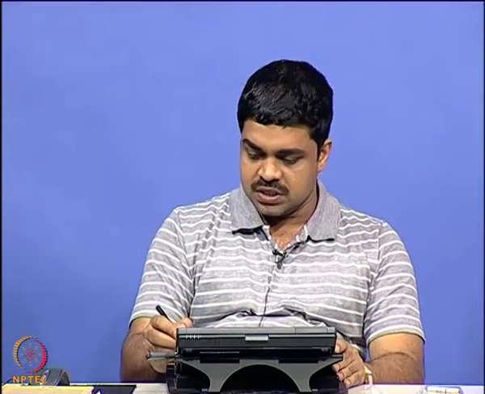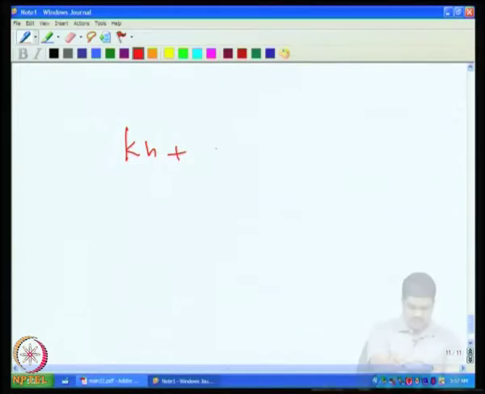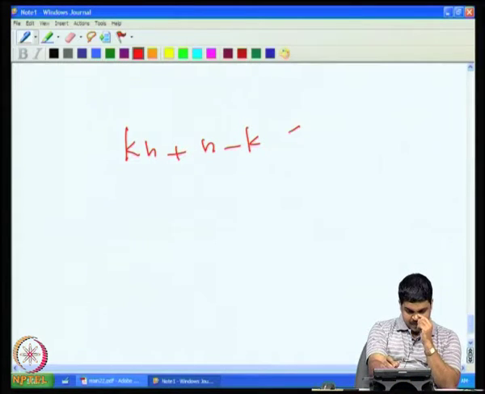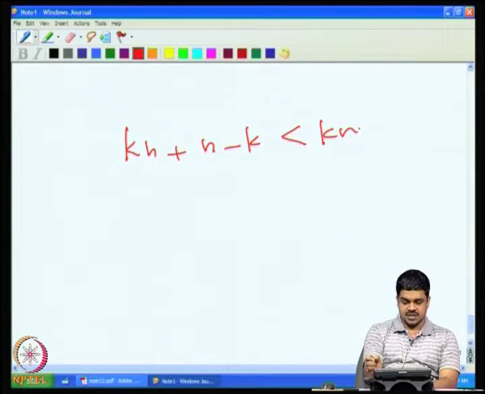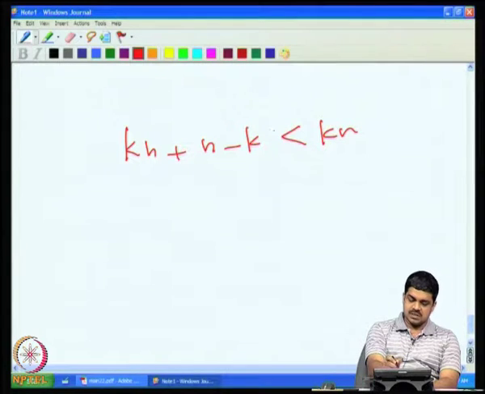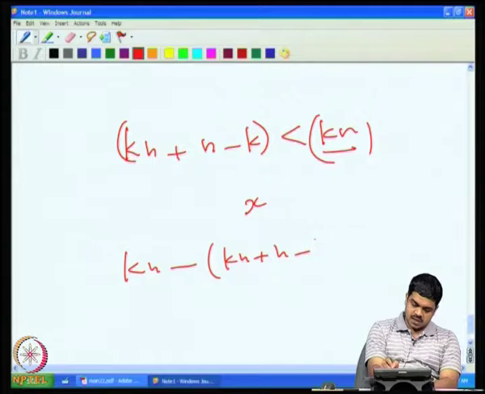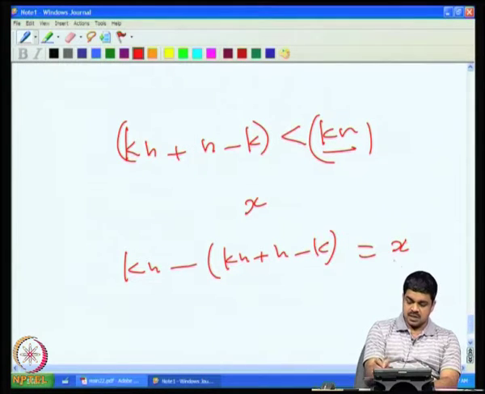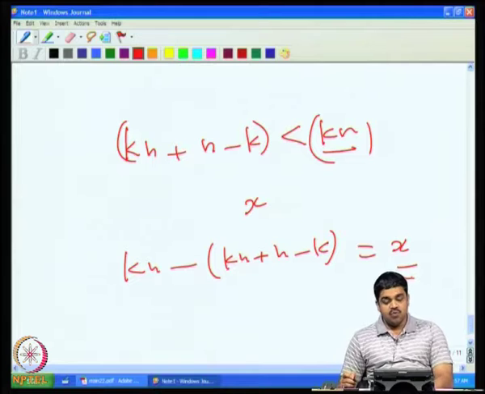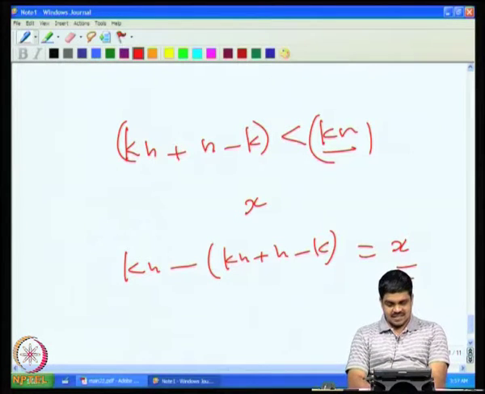But you can see what we have told is, when the color classes are added together, we get kn plus n minus k, and if it is strictly less than kn, we have a contradiction. Suppose the difference between this side and this side is x, that is, kn minus this quantity, kn plus n minus k, is equal to some x. So that means we can remove less than x edges.